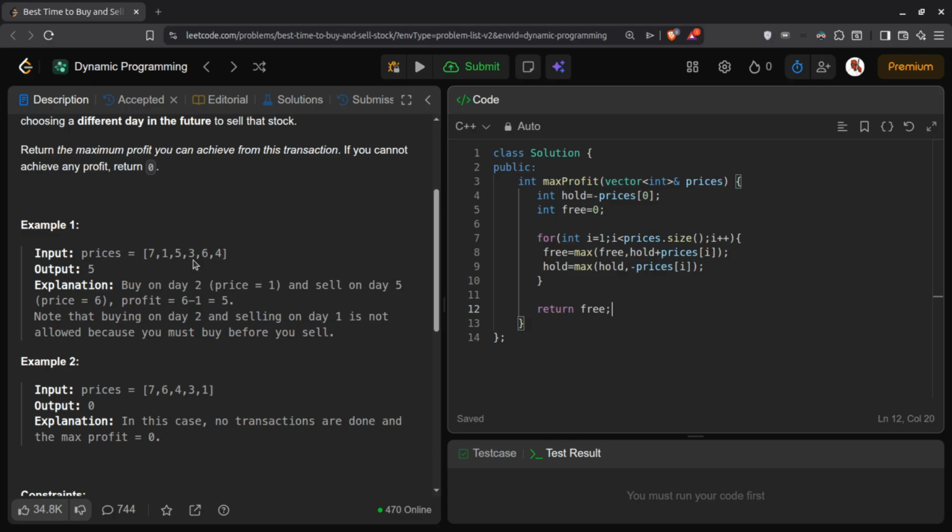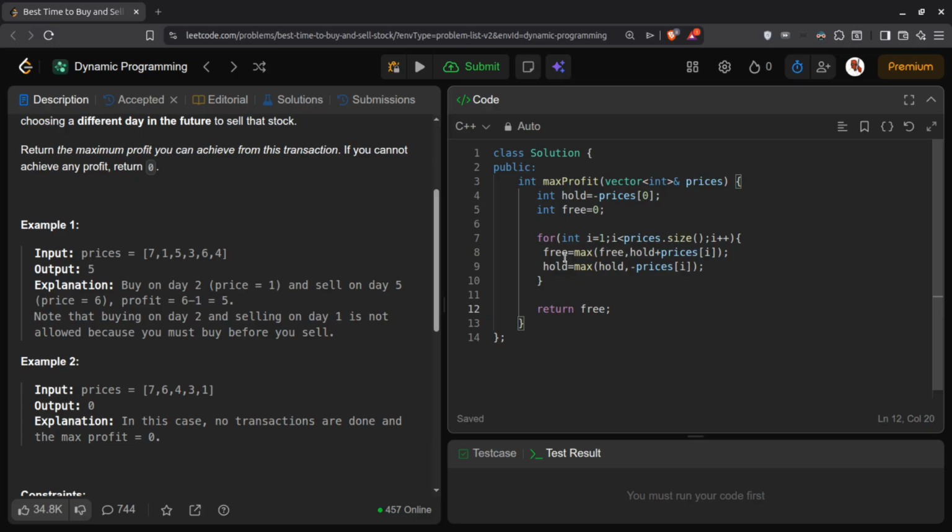At index 3, the price is 3. Hold is minus 1, so minus 1 plus 3 is 2.